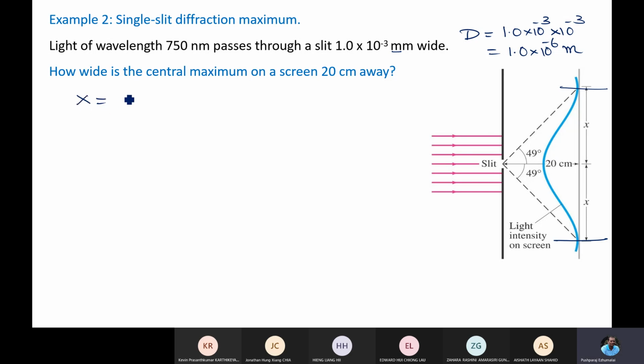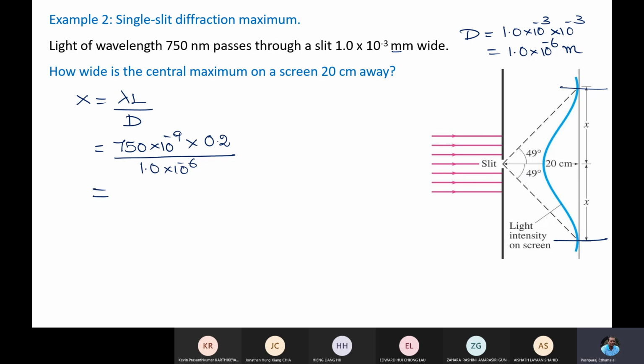X is equal to lambda L over D. What is lambda? 750 nanometer, 10 power minus 9. L is 20 centimeters, so 0.2, divided by D. What is D? 1 into 10 power minus 6. So what is the x value? I can put it in the calculator.